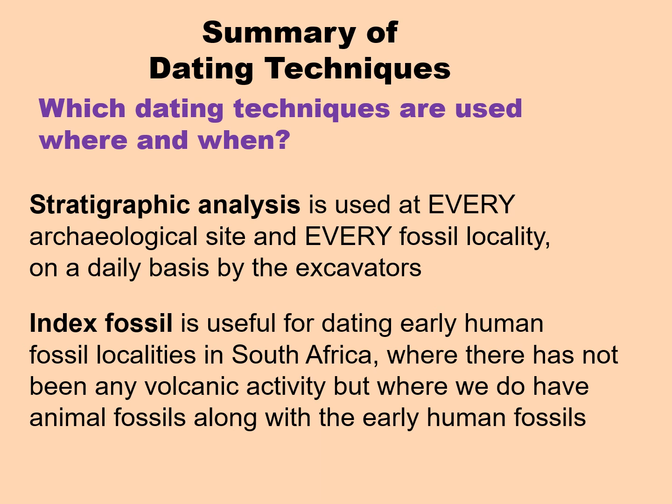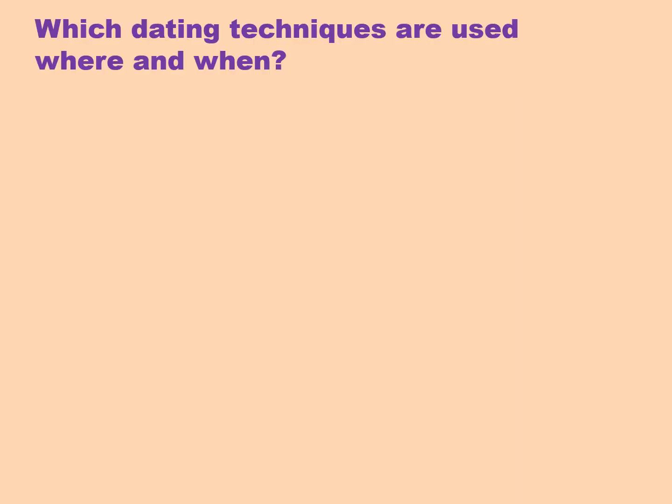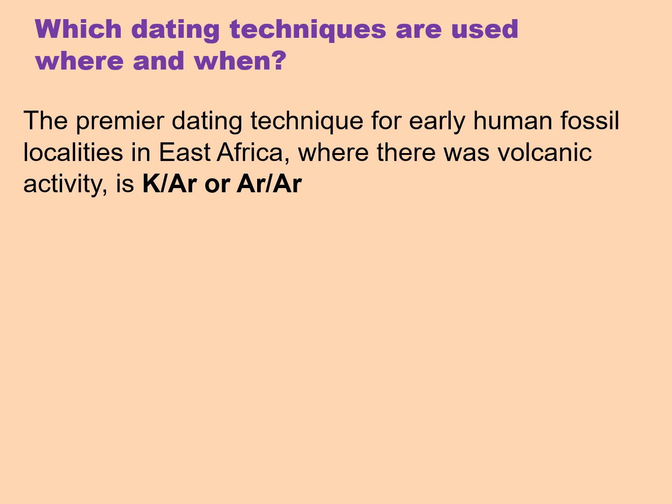The index fossil concept is useful for dating early human fossil localities in South Africa, where there has been no volcanic activity, but where we do have animal fossils along with the early human fossils. The premier dating technique for early human fossil localities in East Africa, where we do have volcanoes, is potassium-argon dating or argon-argon dating.